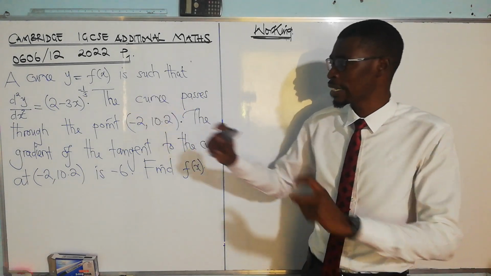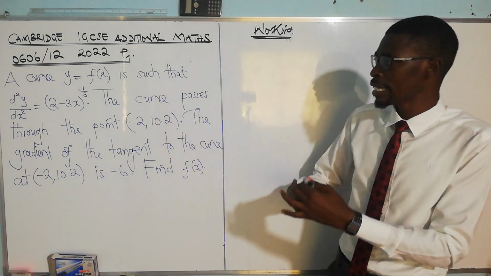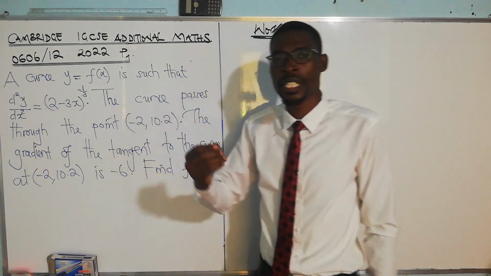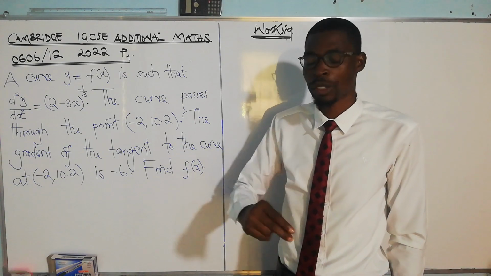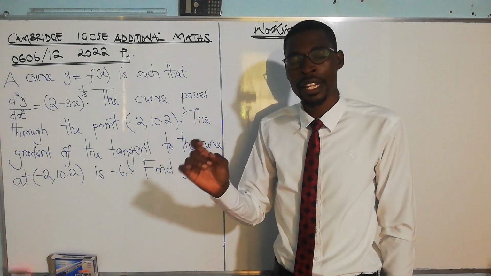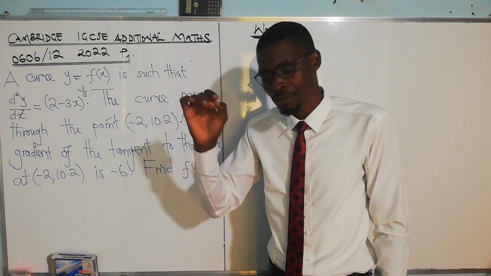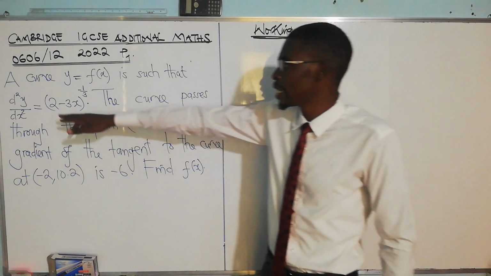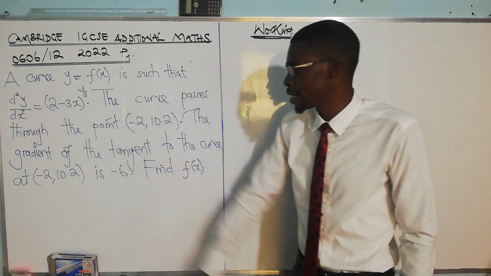Now, for us to obtain the second derivative, we have to differentiate the function twice. So you differentiate the function the first time, you get dy dx. Then you differentiate the dy dx, or the derivative function, and you get the second derivative function, which is given.